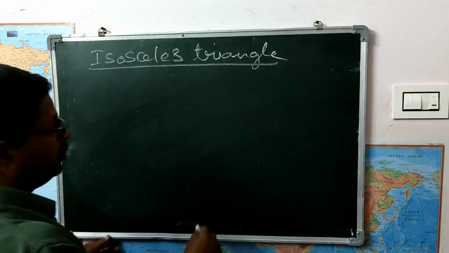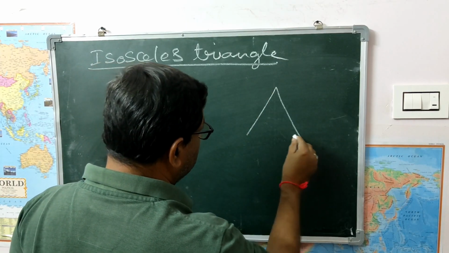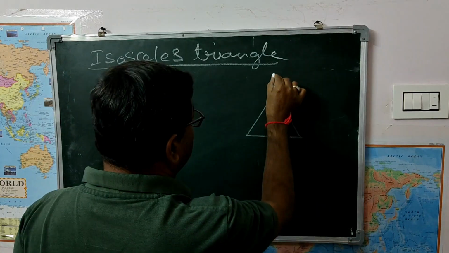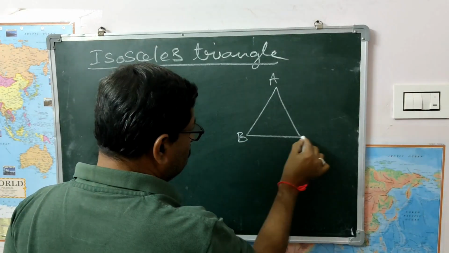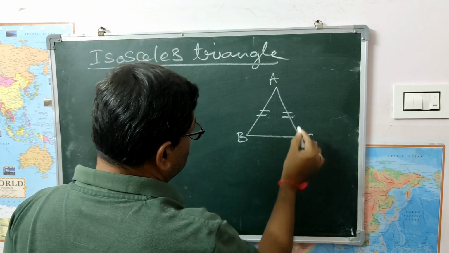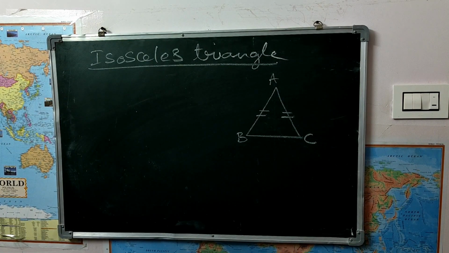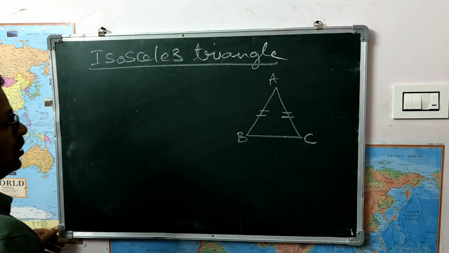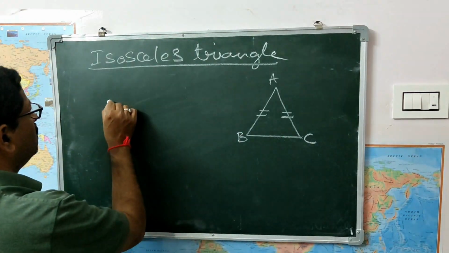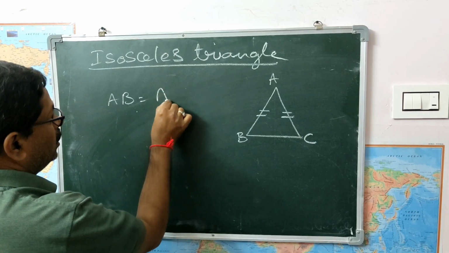Remember, if you take a triangle like this, A, B, C, and two of the sides are equal, then the triangle is known as isosceles. So here, which sides are equal? AB is equal to AC.